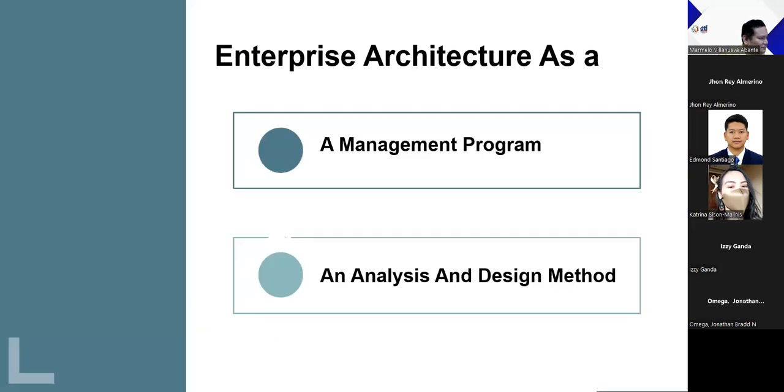So enterprise architecture, we can define it as a management program and an analysis and design method.